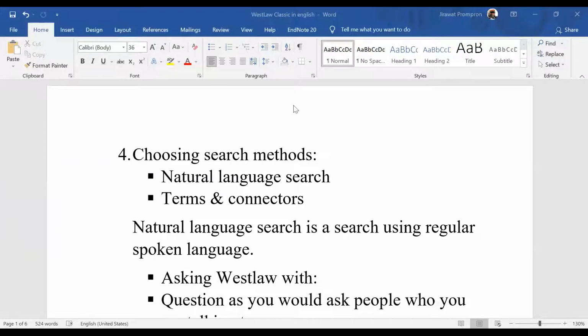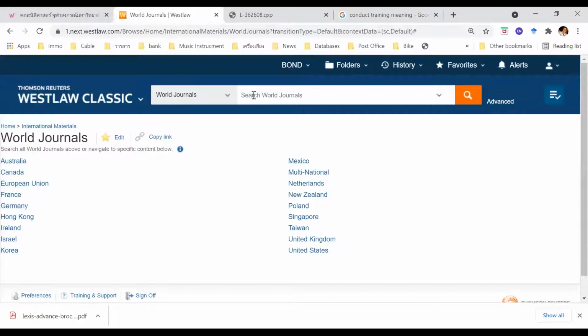Any keywords you type in here, we call the search method. If you want to conduct a search in Westlaw, this is the search method. I will give you the idea of the search methods that Westlaw provides, not basic and advanced, but natural language and terms and connectors. Back to the definition, let me expand a bit.